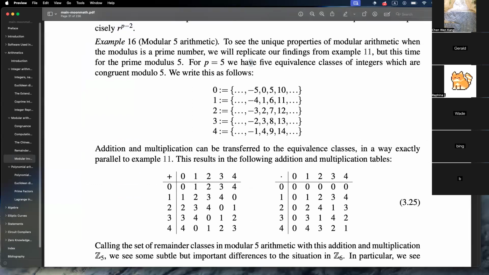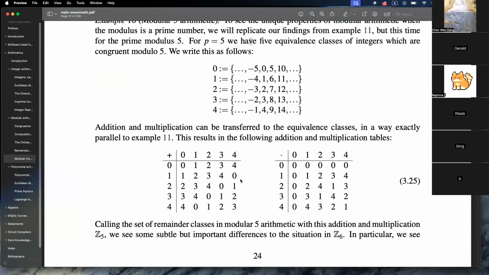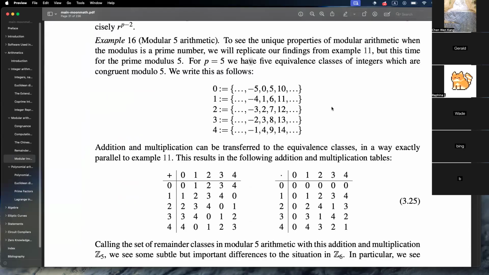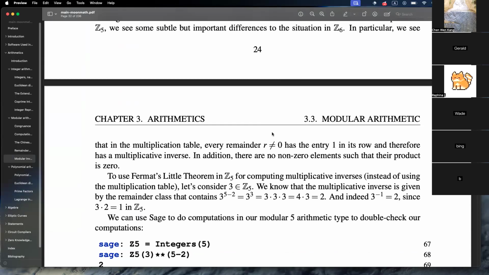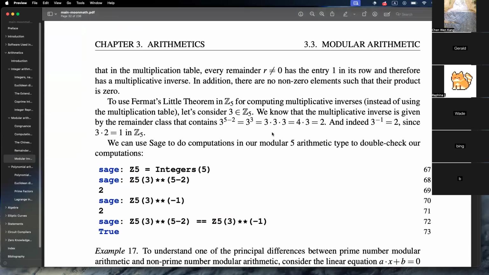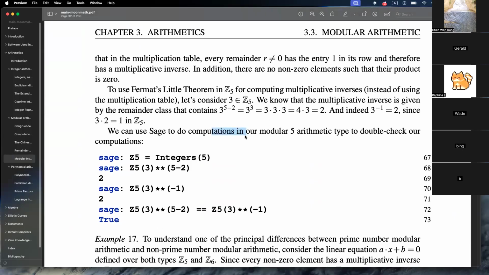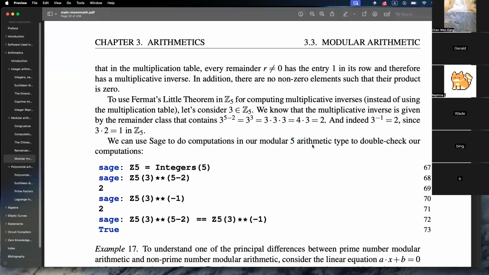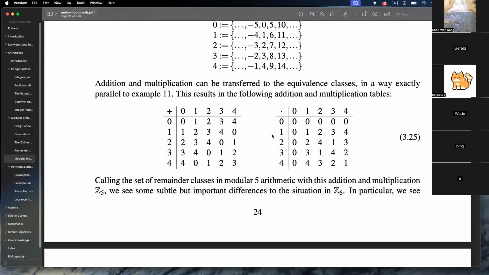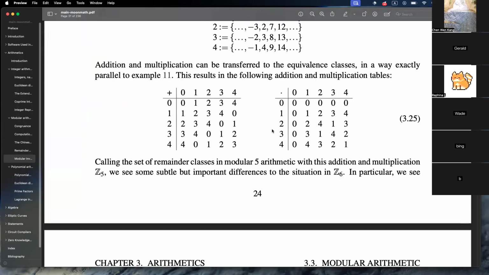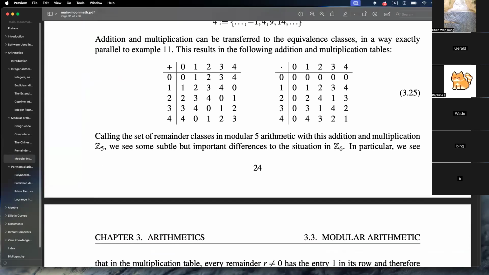Here, there is a chance where there's no inverse, right?